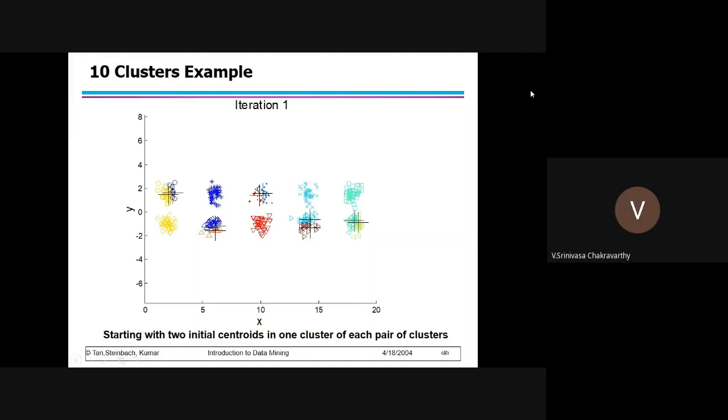So let us see how it works in the case of 10 clusters. Here is again a toy data set which has 10 clusters. The initial centroids are shown here. All these plus signs are the initial centroids. And if you cluster the data set based on these initial centroids, it's pretty bad, as you can see. Each cluster is shown in one color. So all the yellows are one cluster, which means two clusters are now merged into one cluster.